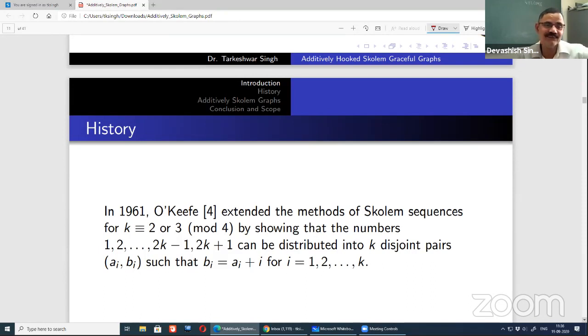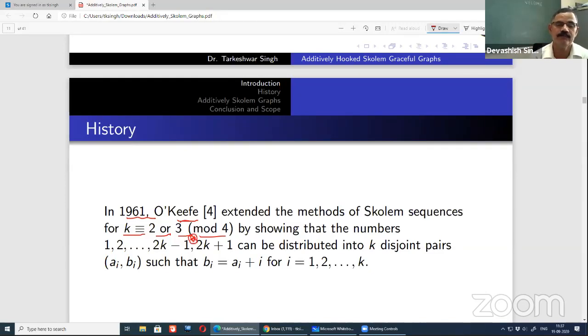Now in 1961, O'Keefe also extended the notion of Skolem sequences. Since a Skolem sequence exists when n is congruent to 0 or 1 mod 4, he proved that if k is 0 or 2 or 3 mod 4, then such a system will exist. Only thing is, the 2k term will not be there in the set.